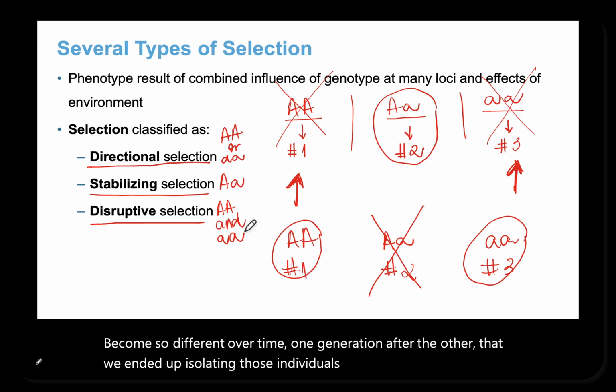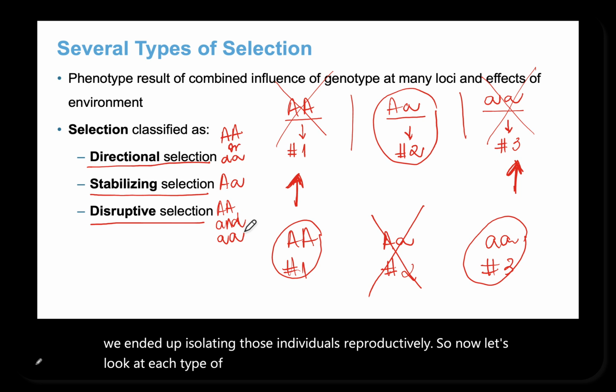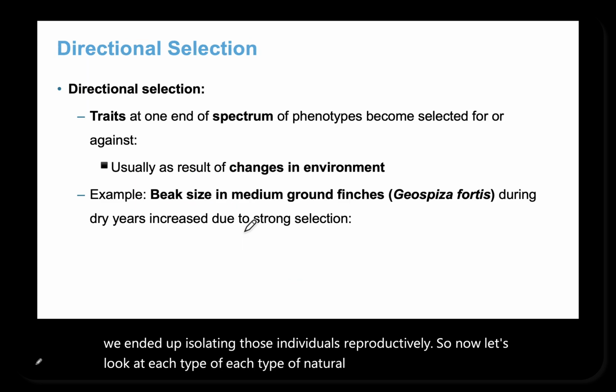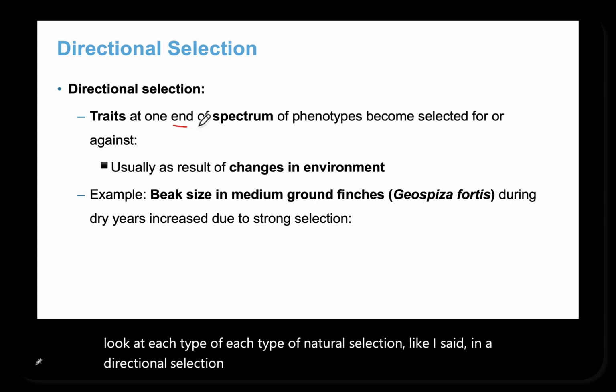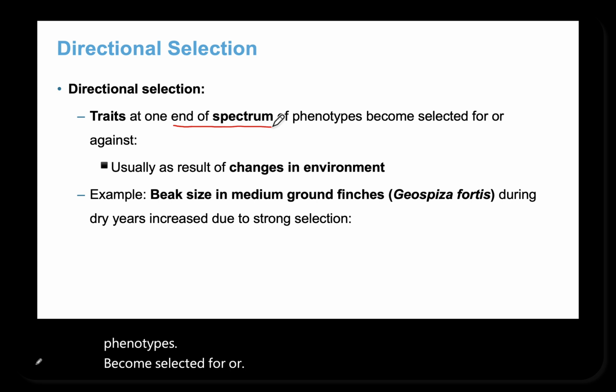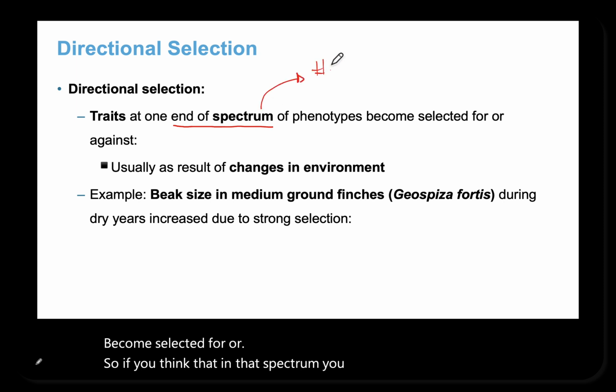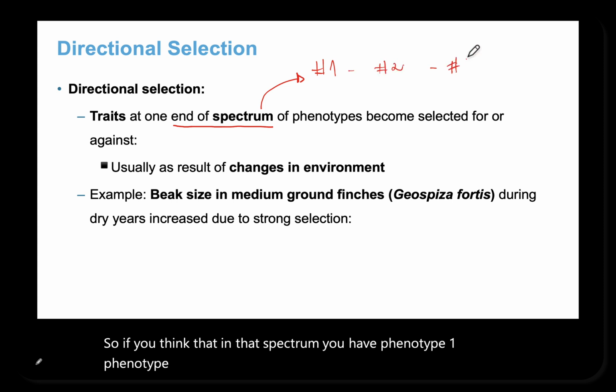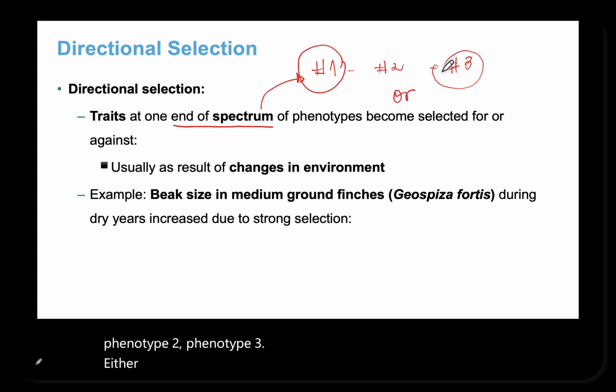So now let's look at each type of natural selection. Like I said, in a directional selection, the traits at one end of the spectrum of those phenotypes become selected for or against. So if you think that in that spectrum you have phenotype 1, phenotype 2, phenotype 3, either this or this will be selected, okay?